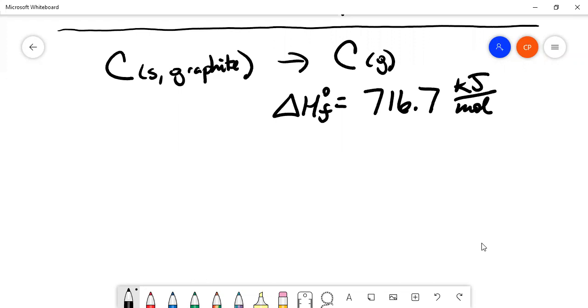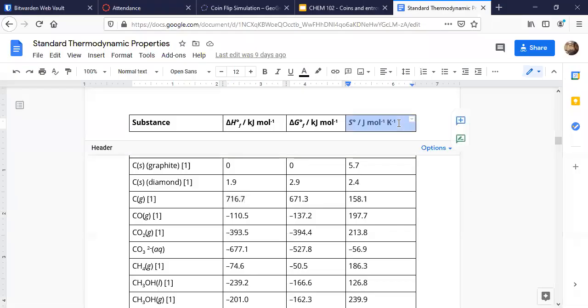But there is a reason why vaporized graphite should emerge. And that reason is found in the last column of our thermodynamic data table, the column labeled standard entropies.